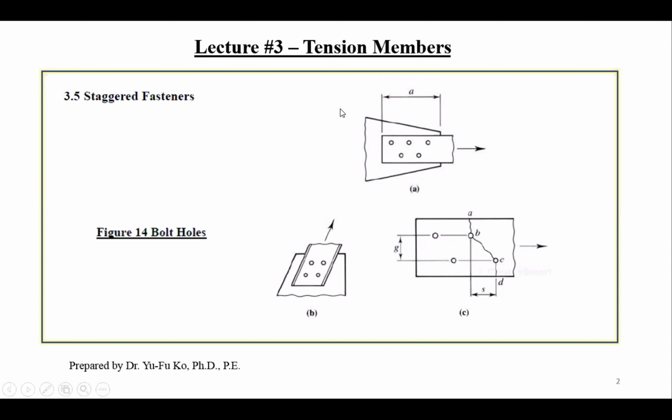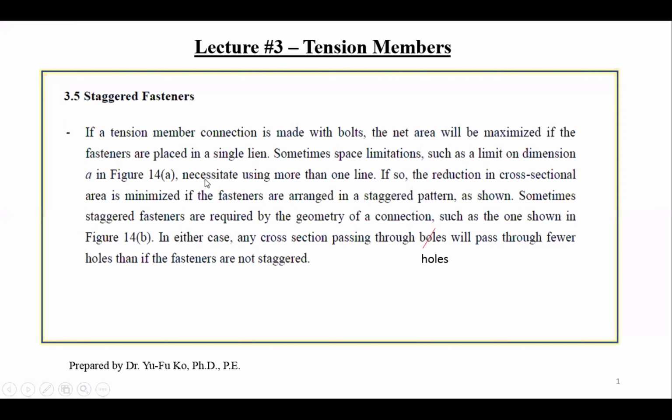If this is a gusset plate and this is the tension member, and the spacing from the gusset plate to the end of the member is limited, but you need to squeeze many bolts as you design, then you need to use staggered fasteners.